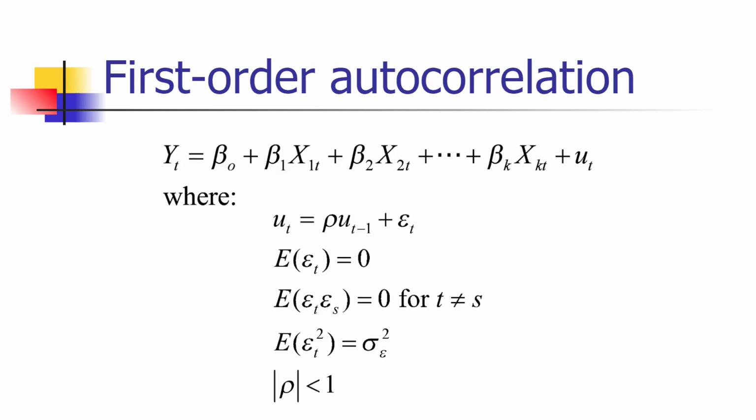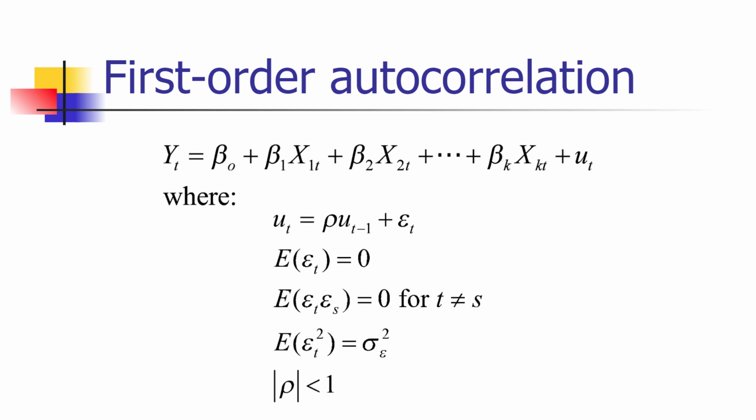Now, let's consider the issue of first-order autocorrelation in a bit more detail. We're starting with a multiple regression model where y can be written as a linear combination of k independent variables plus an error term. And the error term we're assuming when we have first-order autocorrelation can be written as: the current period's error term is equal to rho times the error term in the prior time period plus what we call a white noise error process, epsilon t.